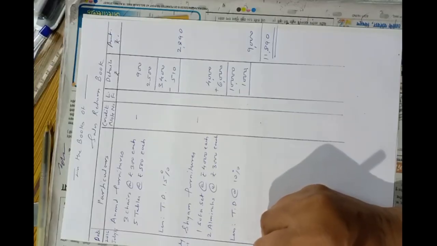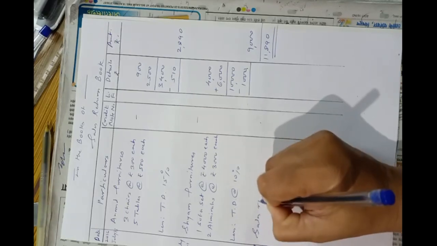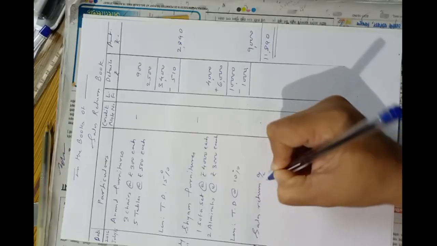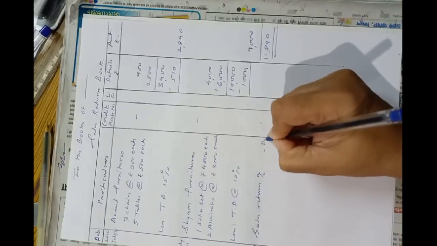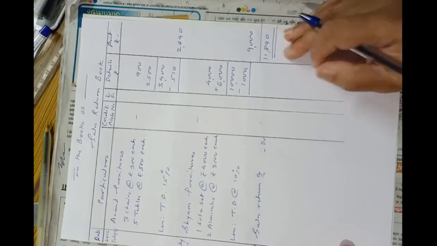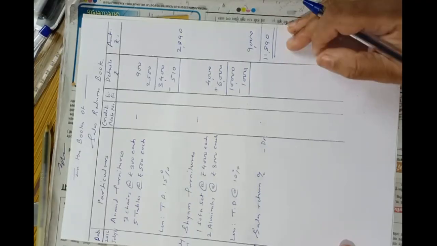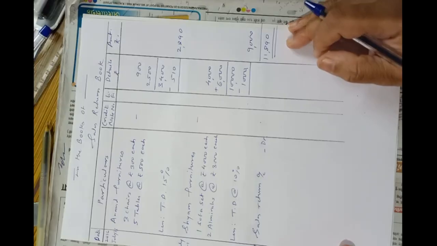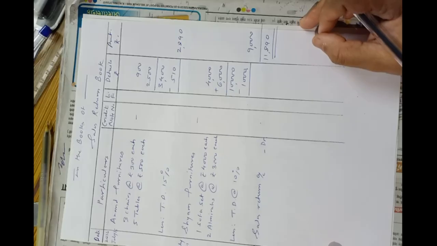This is the total amount. Date will be July 31st, that is last day of July. Okay, sales return account will be debited here. Understood? Sales return account will be debited 11,890. Understood? In this way we have to prepare sales return book.